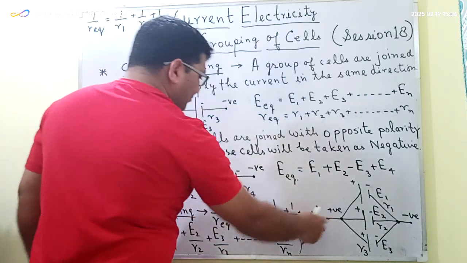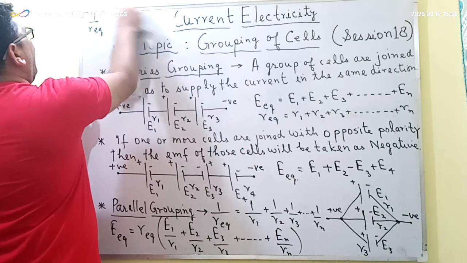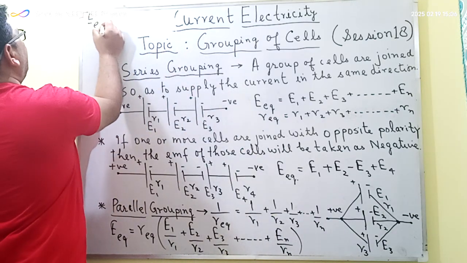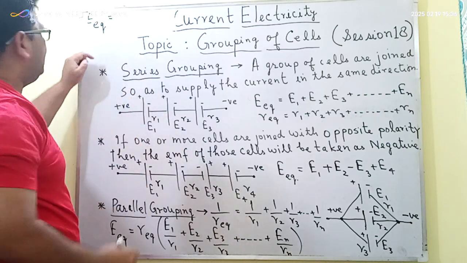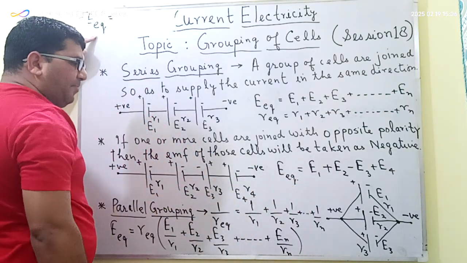However, in this case, the equivalent EMF, that is EQ, this is the equivalent EMF of this parallel grouping of cells.